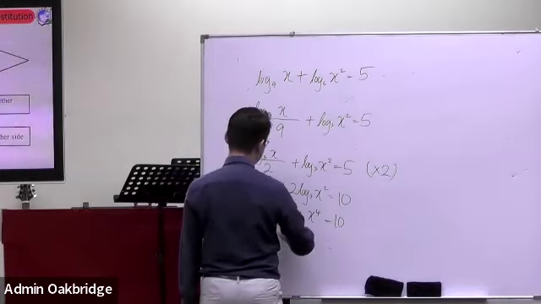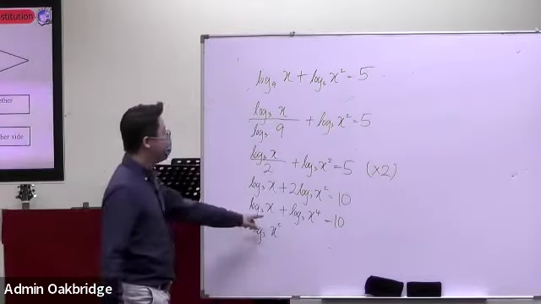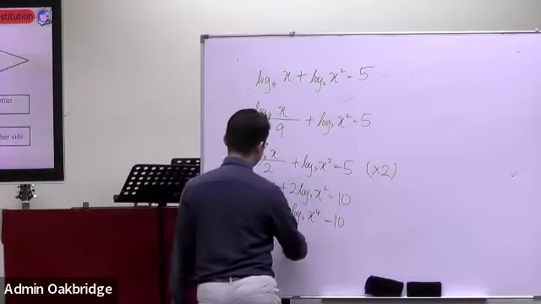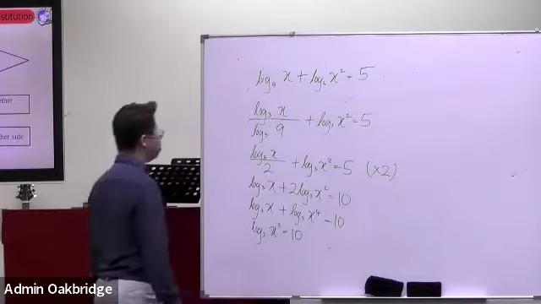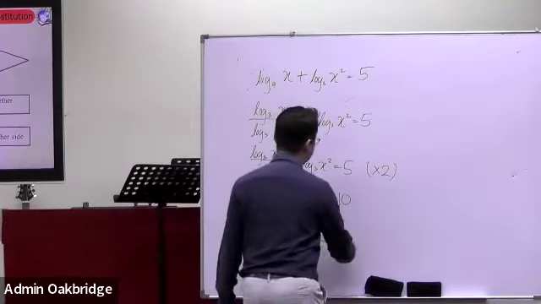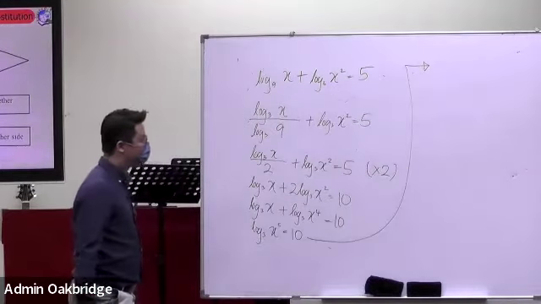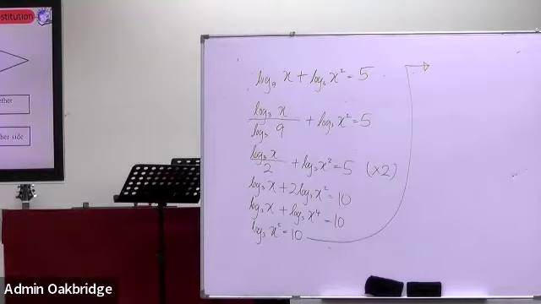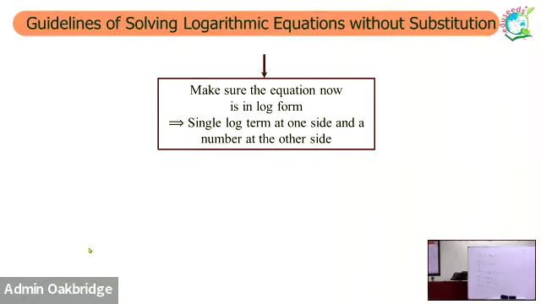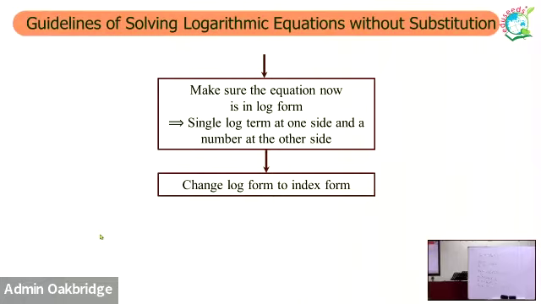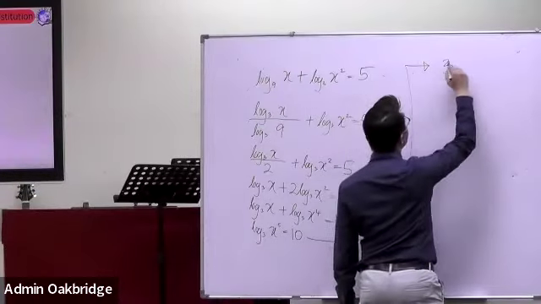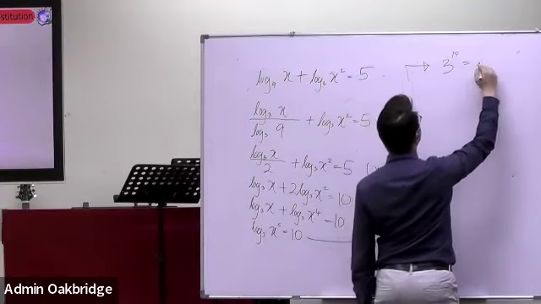This straight away becomes x to the power 5, because x times x to the power 4 is x to the power 5, equals 10. So now you should have the log form ready, that means log term at one side and a number at the other side. And then change log form to index form. You should know it is 3 to the power of 10 equals x to the power of 5.